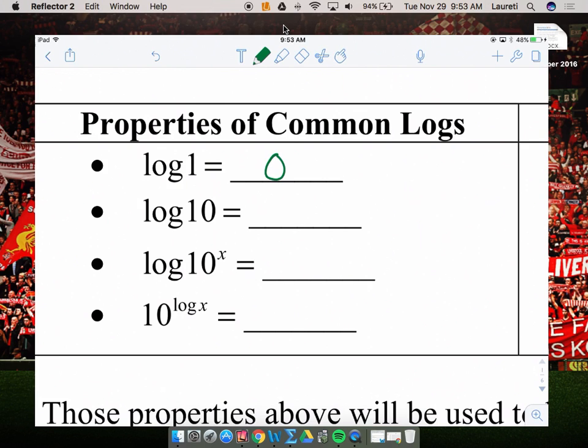Log of 10 would be 1. Log of 10 to the x is x, right? So if the log base and the exponential share the same base, everything cancels out and you're just left with what the variable is, right? Same thing if you're taking the log of one particular base and you raise it to that same base, what are you left with? X, right? Good.